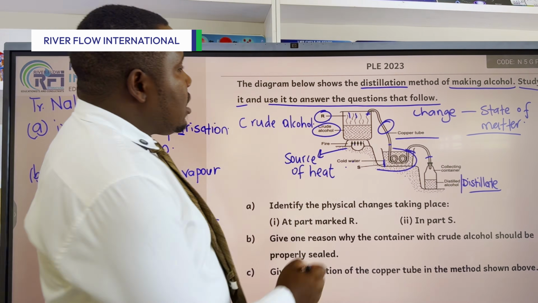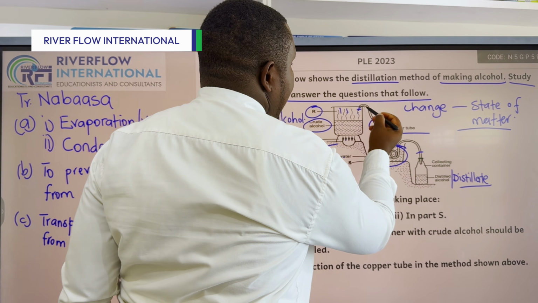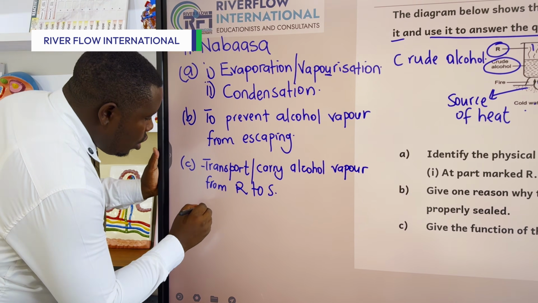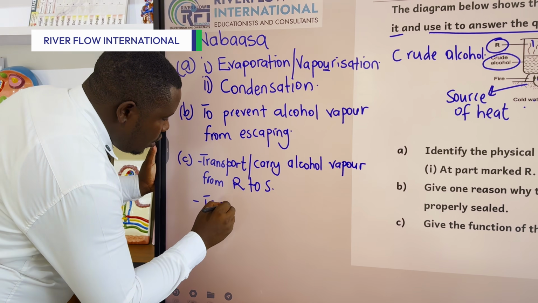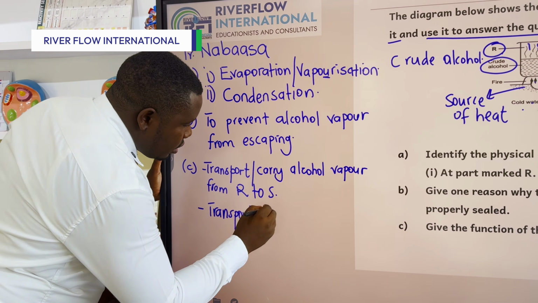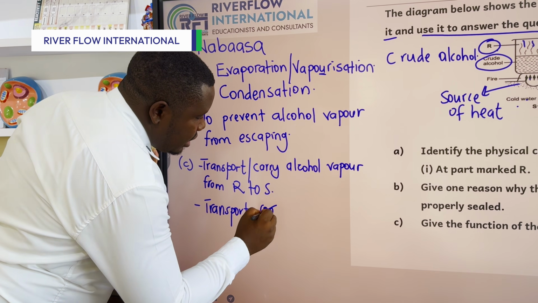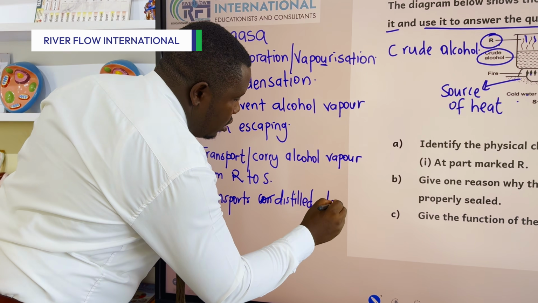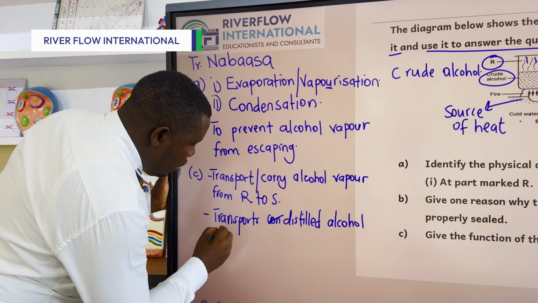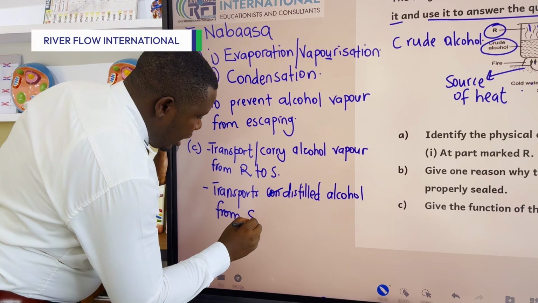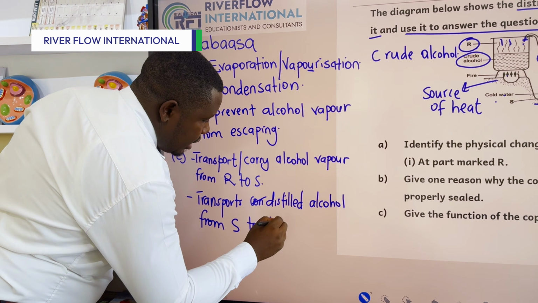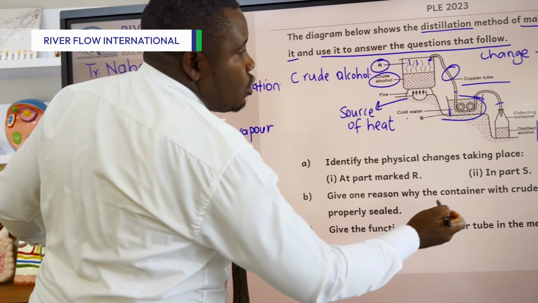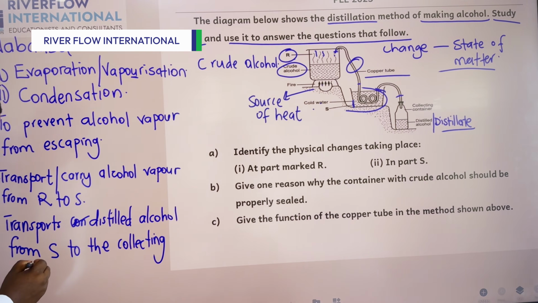So you can see that this vapor moves from here and then it reaches here. But point number two could be that it also transports condensed or distilled alcohol from S to the collecting container.